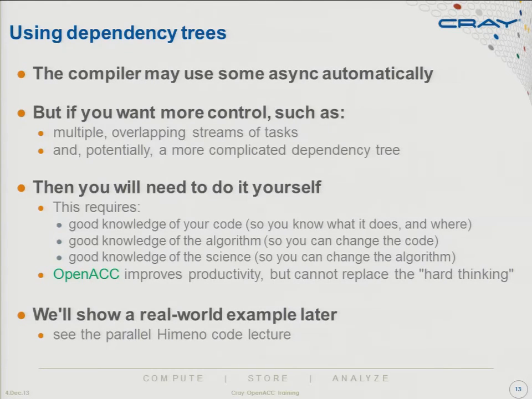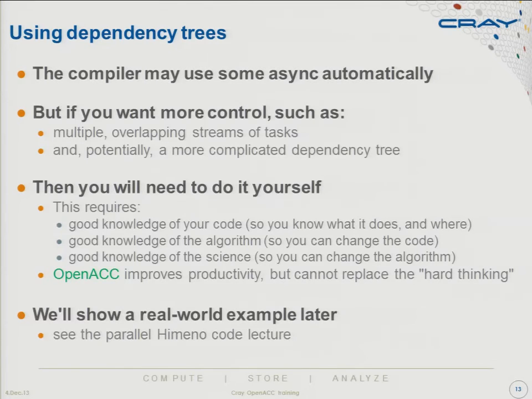If you want to take advantage of this, you need to know your code, so you know what it does and what the dependency tree is. You need to know the algorithm, because you might need to change the code to make the task-based parallelism more obvious. And you might need to know the science to say, well, actually, there's a different algorithm I could use to do the same science that has better task-based overlap. This is what I say, OpenACC is great for productivity, implementing all of this, but it doesn't do the thinking.